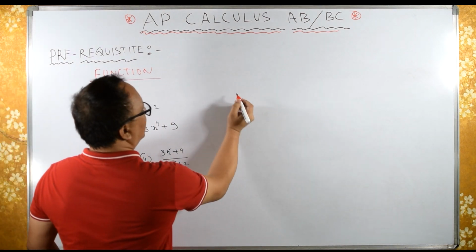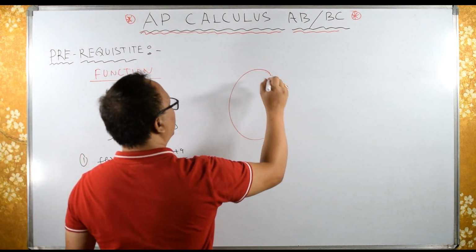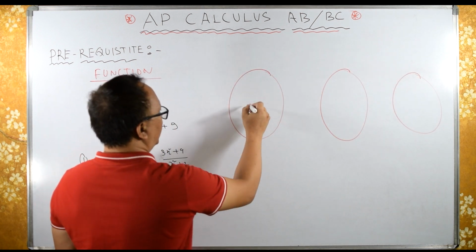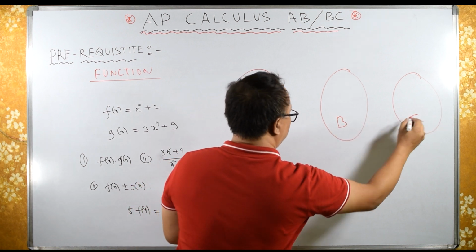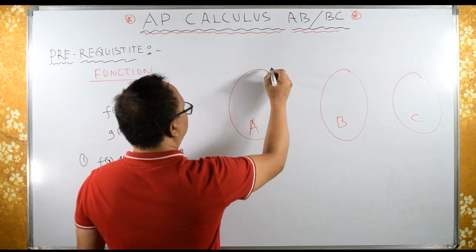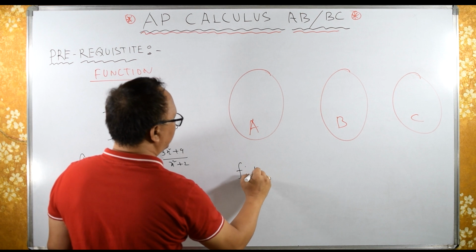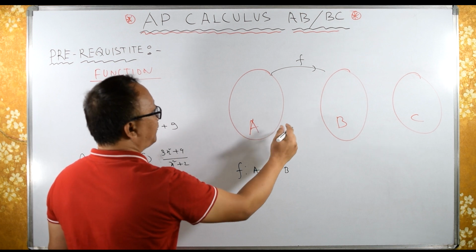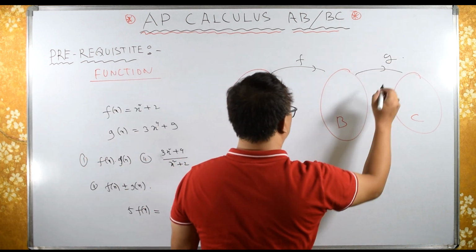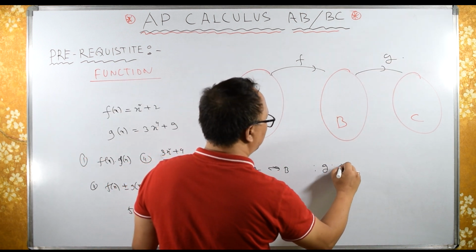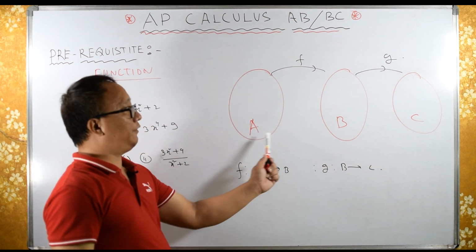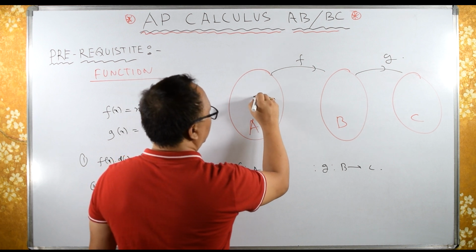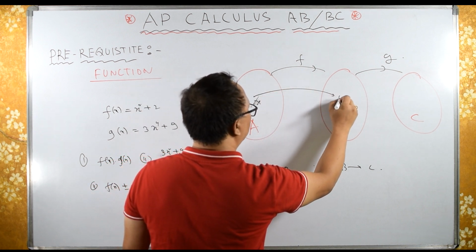Let's say set A over here, another set B, another set C. Now my f is a function from A to B. From here to here it carries by f, and here g is from B to C. Now you can define, for example, if I have x over here, this x becomes f of x.